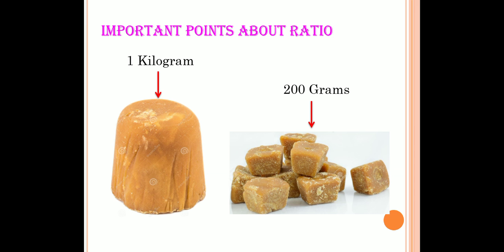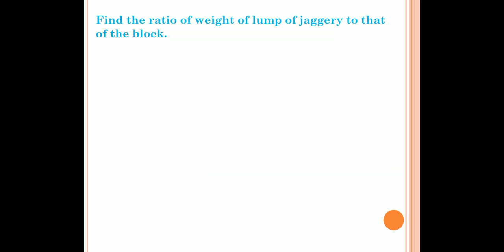So if the units are not the same, is it right to solve the sum or is it wrong? Now let us solve it, then we will understand. Find the ratio of weight of lump of jaggery to that of the block. Weight of lump is 200 grams, the small pieces, upon weight of the block.